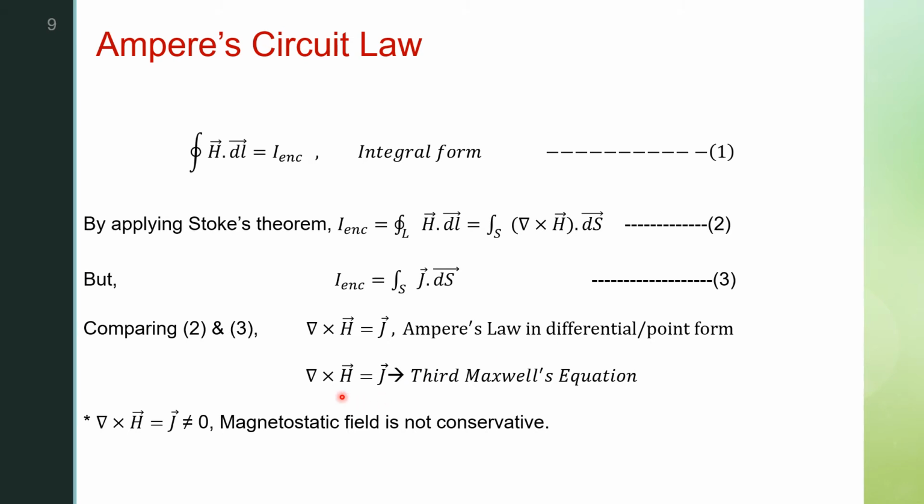And del cross H is equal to J is the third Maxwell's equation. So that's an important point to be noted. When you observe this equation, del cross H is equal to J, and the J value can never be 0. That means the magnetostatic field is not conservative.